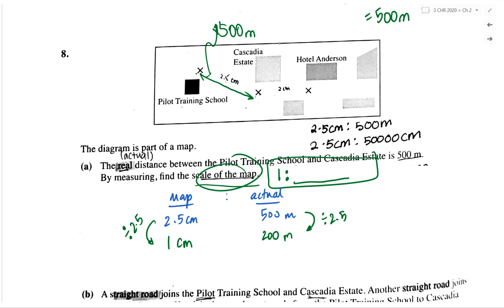Thank you, you're making the right choices. So 1 cm is now representing 200, how many more zeros? 2 more cm. So since they have both the same units now, it is time to remove the units. So the answer is, okay, I'll write down the scale. Scale equals 1 is to 20,000.